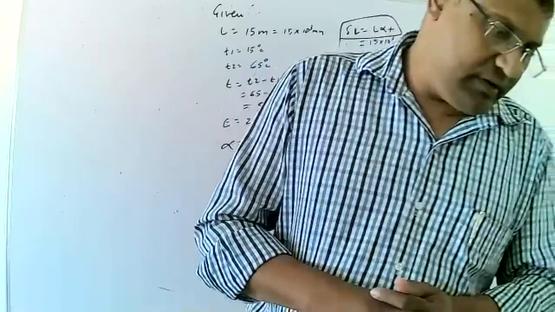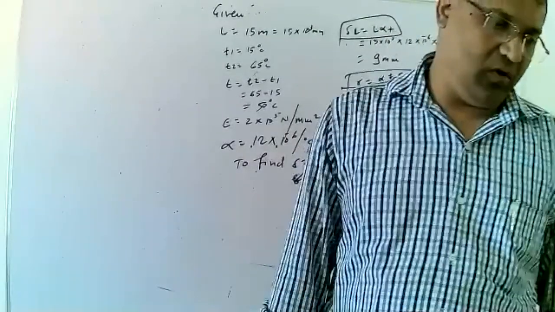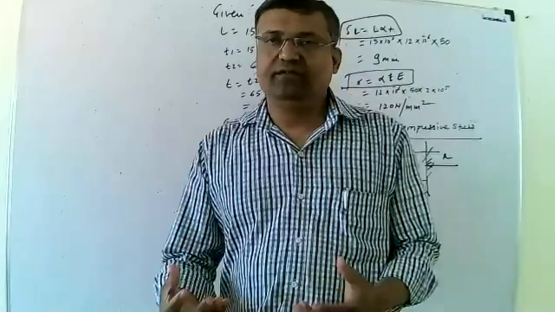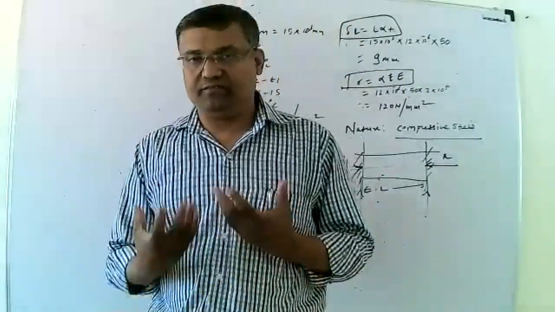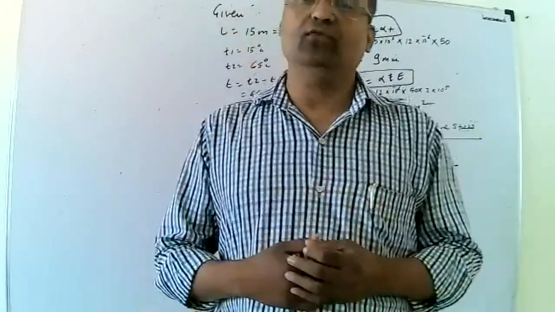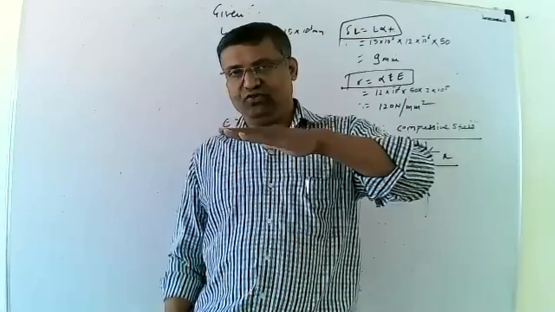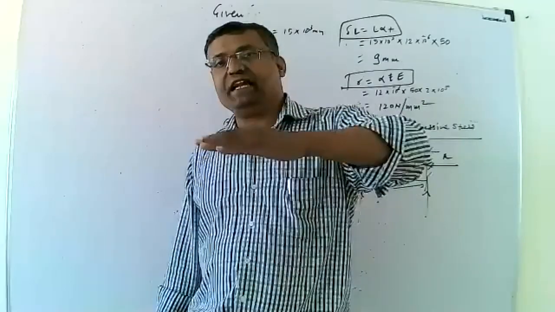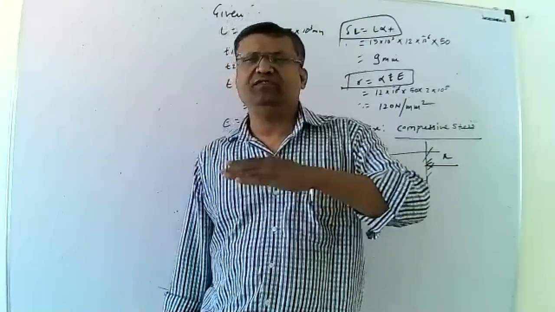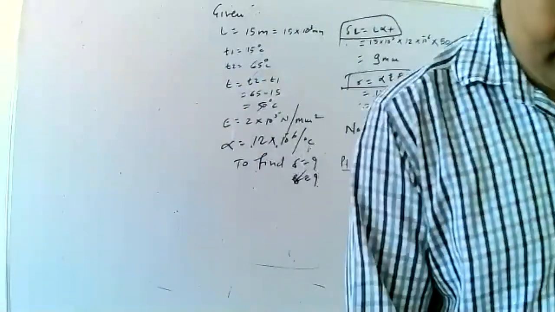What are suddenly applied and gradually applied loads? A gradually applied load is a type of load applied on the bar starting from zero and slowly increasing, for example 0, 1, 2, 3, 5, 7, 8 kg.